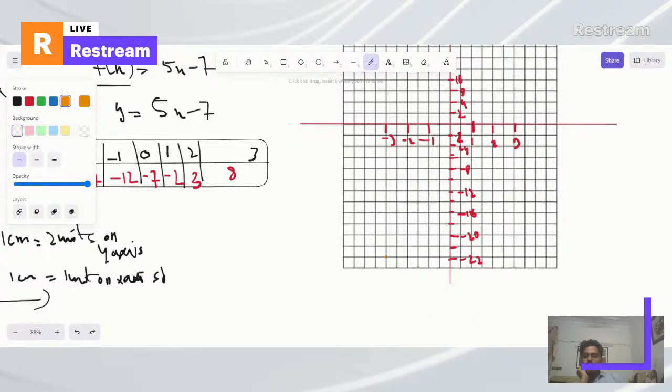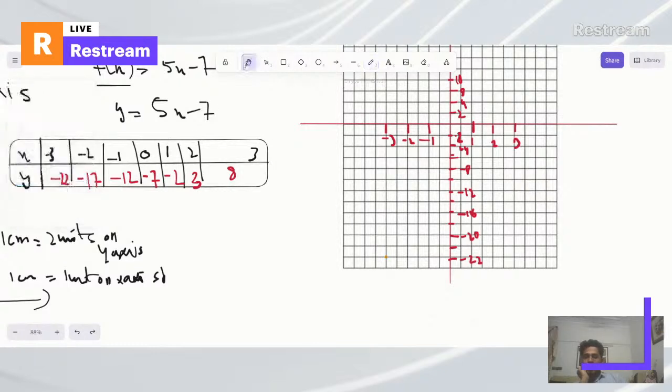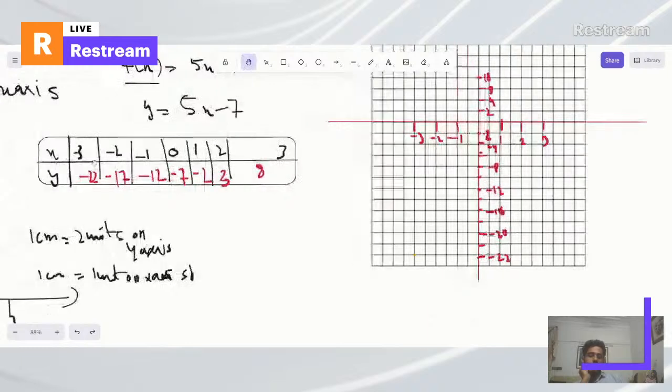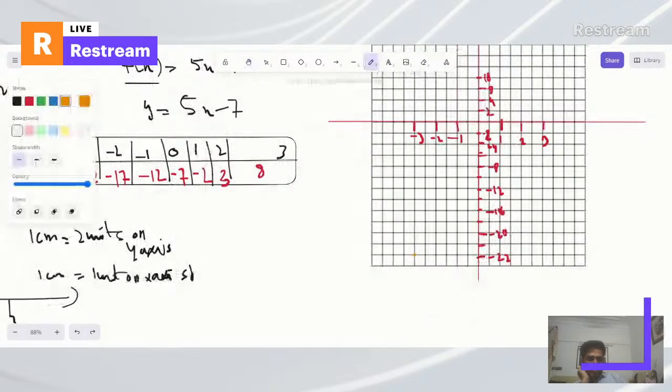Now I have to plot for x equals -2. I have -17, right? So -18 is right here, and somewhere between -17 and -16 is the plot. Now on -1 I have -12, so on -1 I'm going to move down and mark -12.